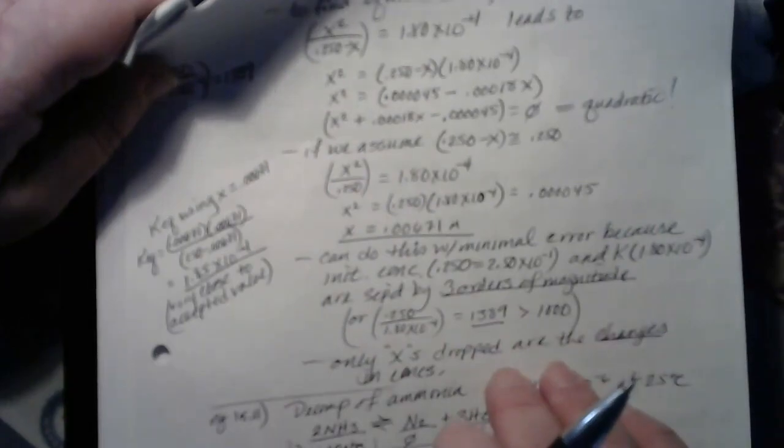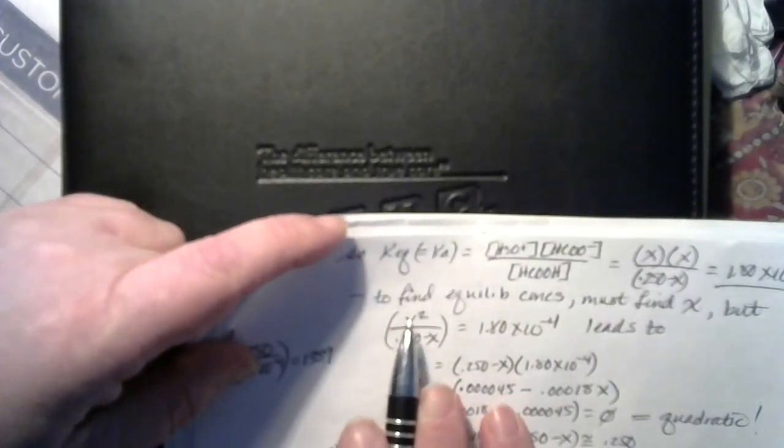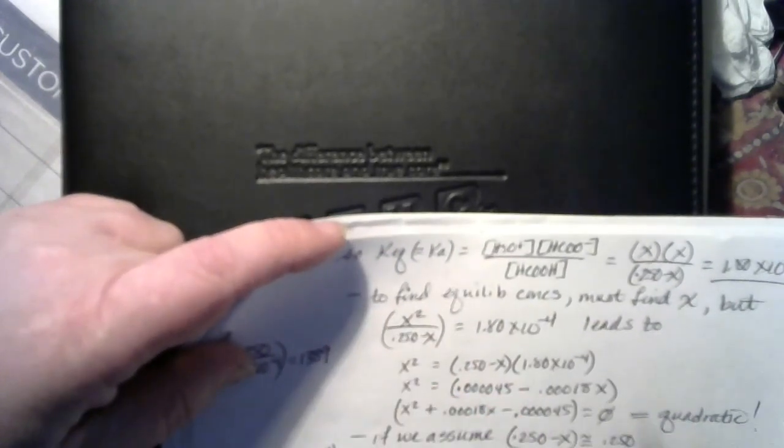Or you can just take the initial concentration divided by the equilibrium constant, and if it's greater than 1,000, then you can make the assumption, and it was here. Now, it's important to remember that the only x's you drop are the ones that are being added or subtracted from other numbers. The x squared, the x's that are off by themselves, those have to stay because they're not relating to anything else.